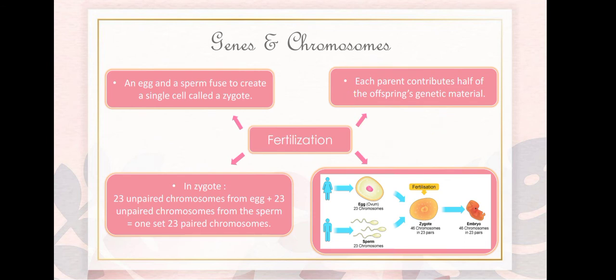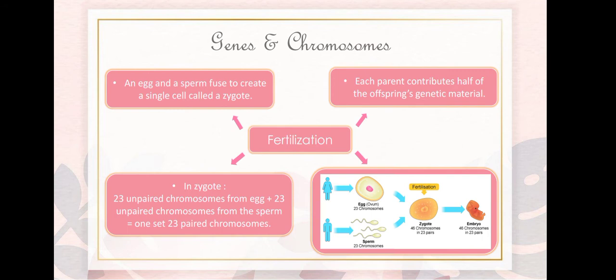So in the beginning, sperm have 23 pairs, equivalent to 46 chromosomes, and ovum also 46 chromosomes. Whenever both gamete cells fertilize, it will contribute to a new cell half of the ovum materials and half of the sperm materials.